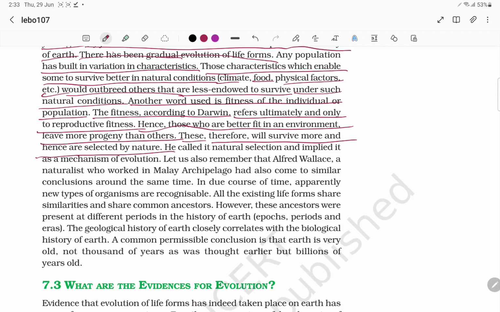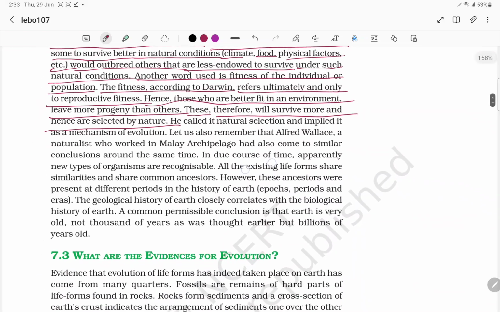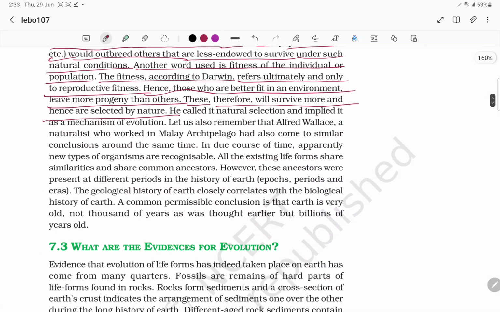Whoever is reproductively fit will survive more, and those less fit cannot survive, because the more fit produce more progeny for the future. Some progeny may not be the fittest, but since the number of progeny is larger, chances are more. He called it natural selection and implied it as a mechanism of evolution.